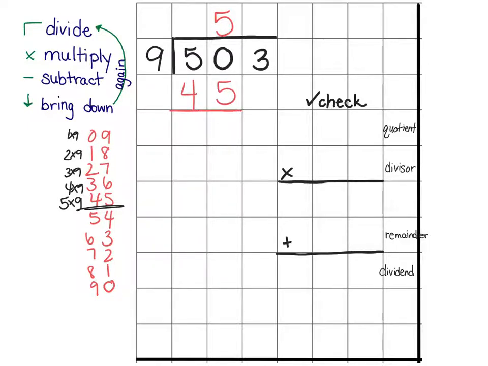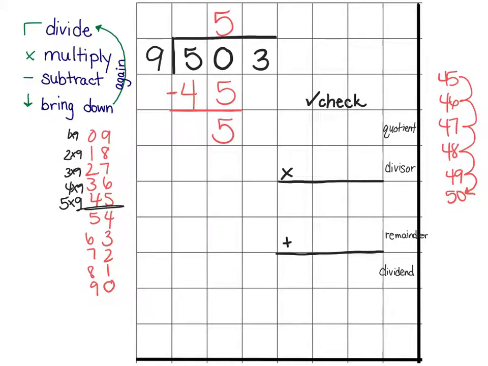Then we need to subtract 50 minus 45. We could borrow here and make this a 10, but I like to count up. 45, 46, 47, 48, 49, 50. So that's 1, 2, 3, 4, 5 spots.